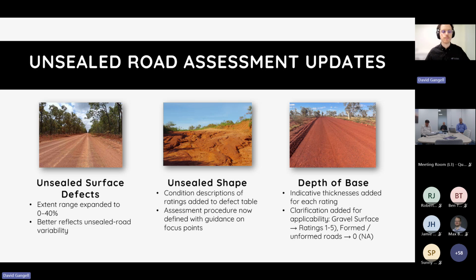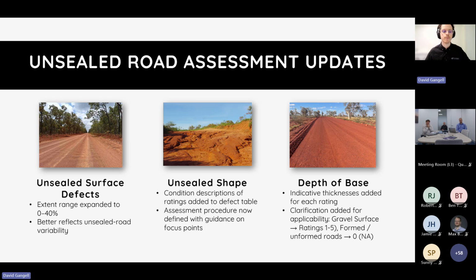So for the unsealed surface defects, the extent range has been expanded. Previously this was in line with the sealed surface defects, but coming back to that more practical approach, you typically expect an unsealed road not to have the same threshold for intervention anyway.